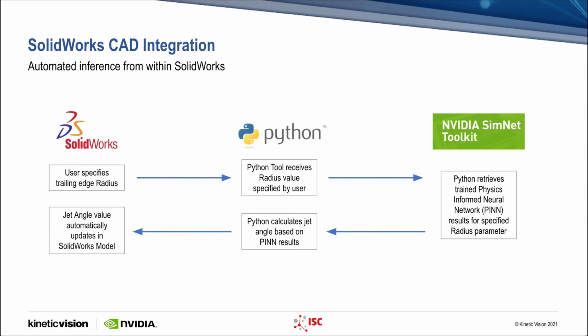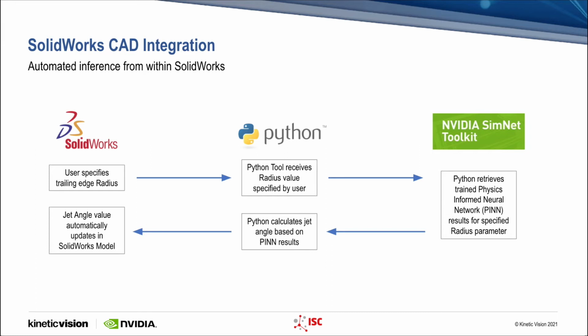So now that we have some results coming out of SimNet, it's time to look at how we integrate SimNet with SolidWorks. This just shows the flow that we designed for interacting with SimNet. We start off in SolidWorks, and the user is going to specify this trailing edge radius. We pass that value through Python into an interface with SimNet.